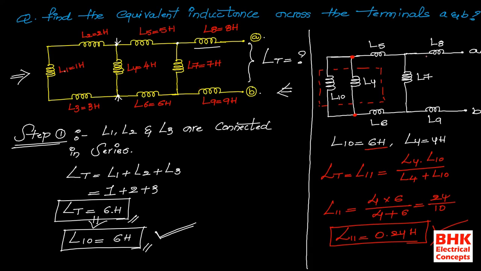For example, this is terminal A and this is terminal B, and one inductor is connected like this and one inductor is connected like this. I am just redrawing the previous network.